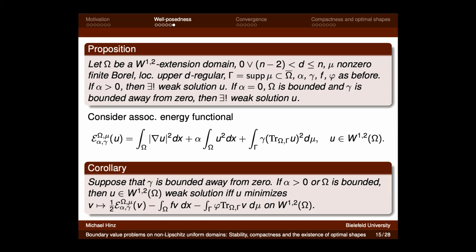If we are on a W1,2 extension domain, d in a reasonable range, as we just discussed, we use a non-zero finite Borel measure, locally upper d-regular, and so on, and all the alpha parameters are as before. Then, just to make life easy in the talk, if alpha is greater than 0, there exists a unique weak solution to this problem, right?